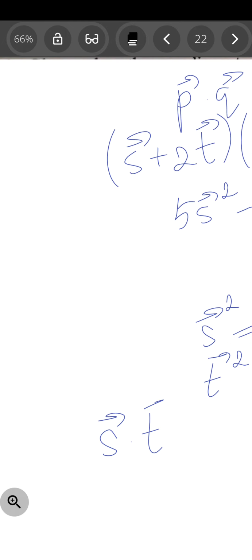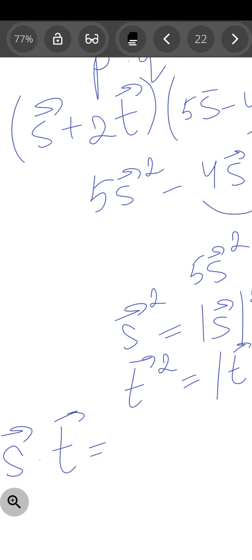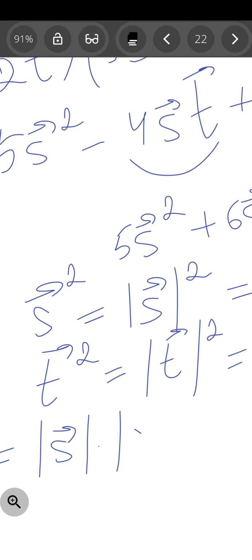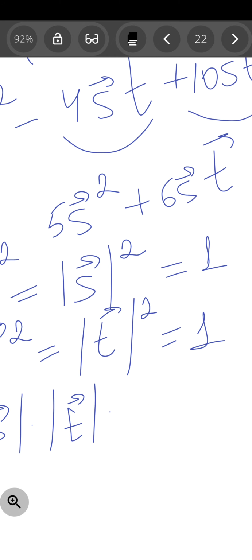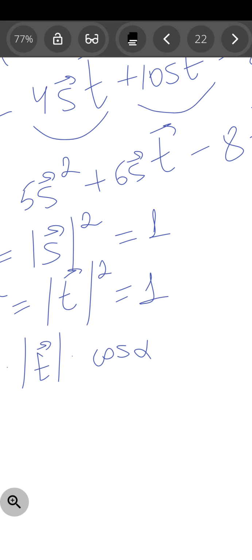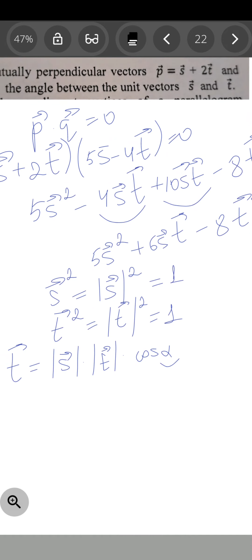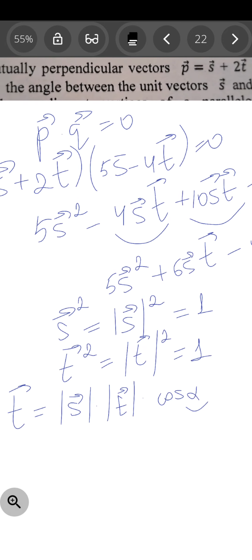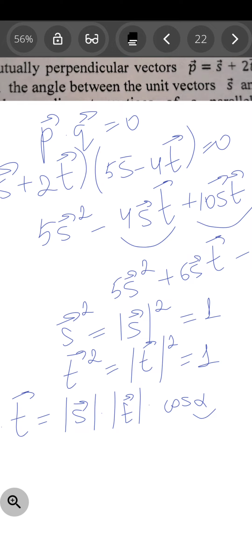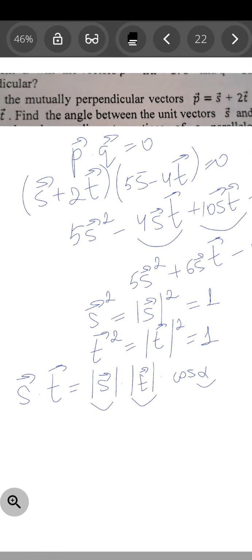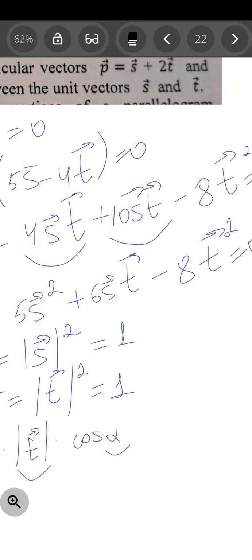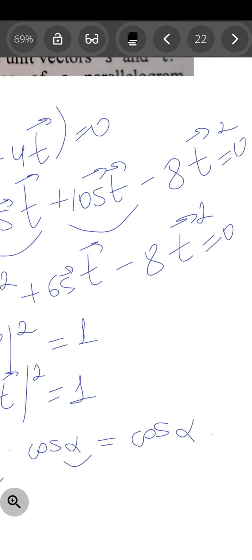Their scalar product will be equal to the product of their moduli and cosine of the angle between them. Assume that alpha is the angle between the vectors s and t. The vectors s and t are unit vectors, so their moduli equal 1. So the scalar product of s and t will be equal to cosine of alpha.